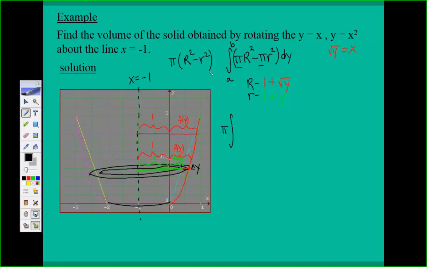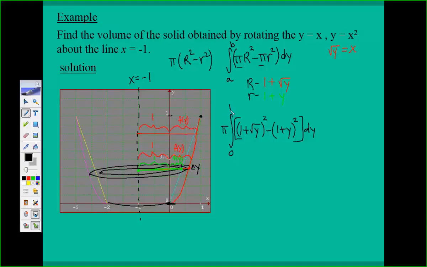So it's big R, 1 plus the square root of y, squared, minus 1 plus y, this is our little r, squared, dy. And there we have it set up. Now, y values go from here, y equals 0, up to this point of intersection here, which is 1. If we set those equations equal to each other, we would say we go from 0 to 1.